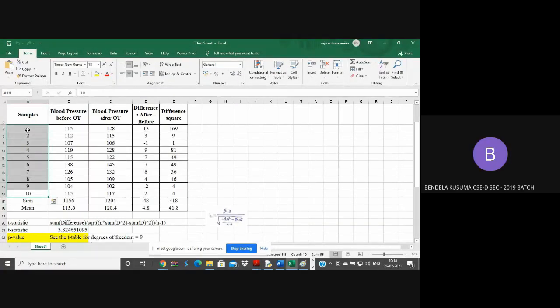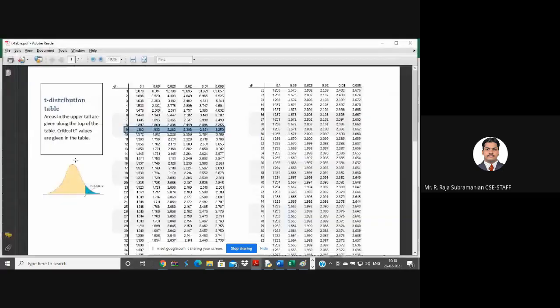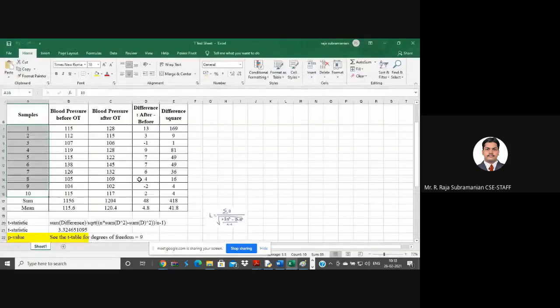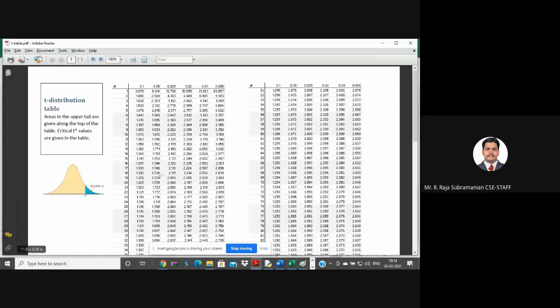Nine, sir. My total is 10 samples, so the degrees of freedom is 9. In the t statistic, what is my value? 3.324. In the ninth row, where will 3.324 range? I think 3.324 will be ranging between 2.896 and 3.335.